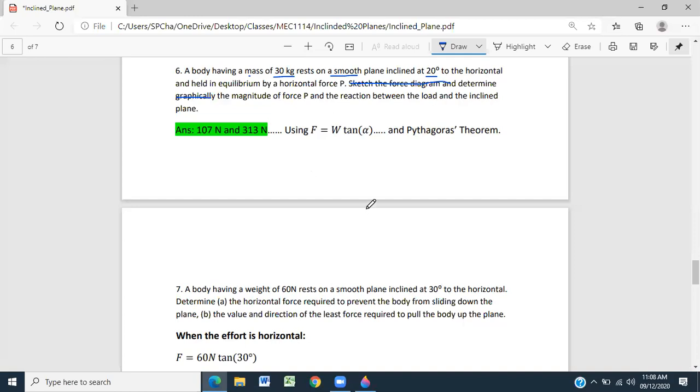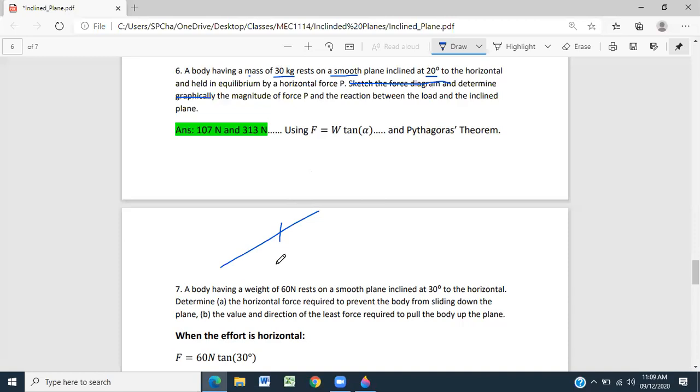So let's draw an inclined plane here. Right? Okay. So some mass, some 30 kg mass.